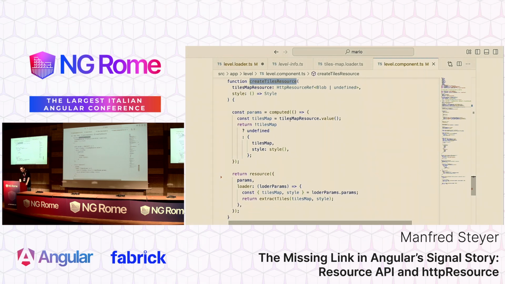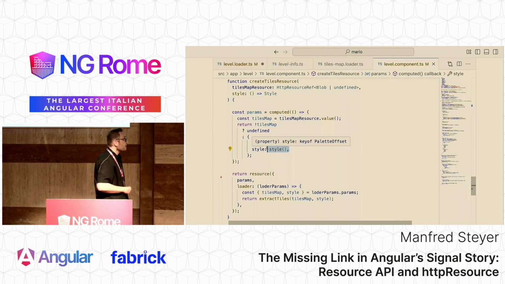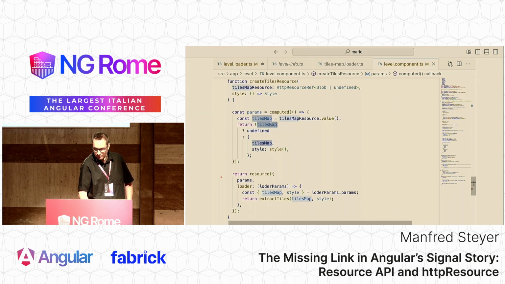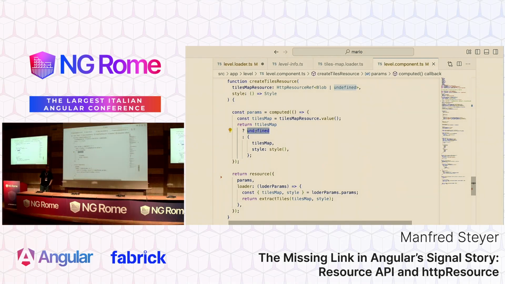So what needs to change to trigger this resource? Well, this is here defined by this computed. When the tiles map is changing or when the style is changing, I want to re-trigger this resource. And one more time, if I don't have a tiles map because it's not loaded, I just return undefined, which will not trigger the resource at all.